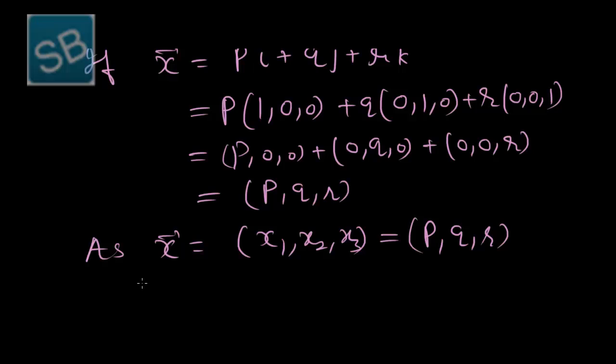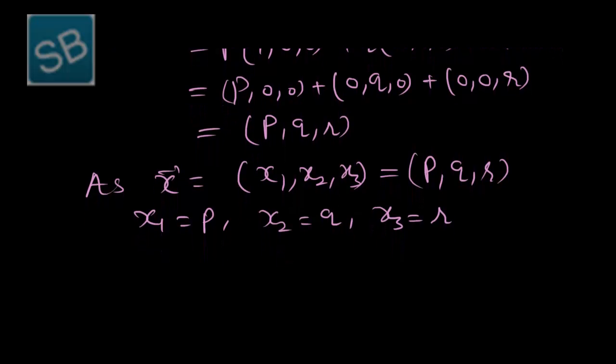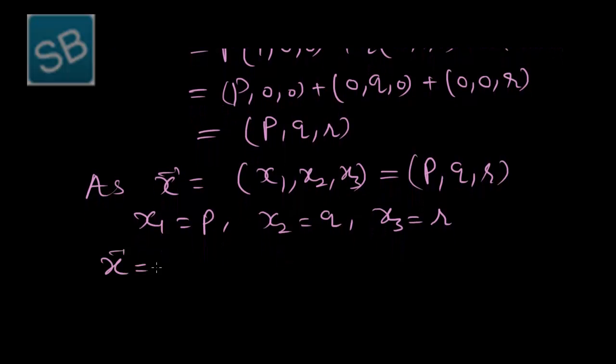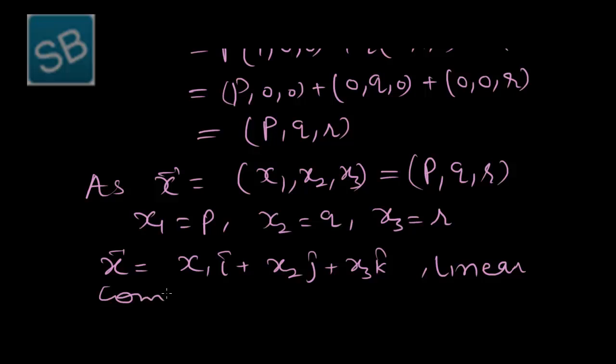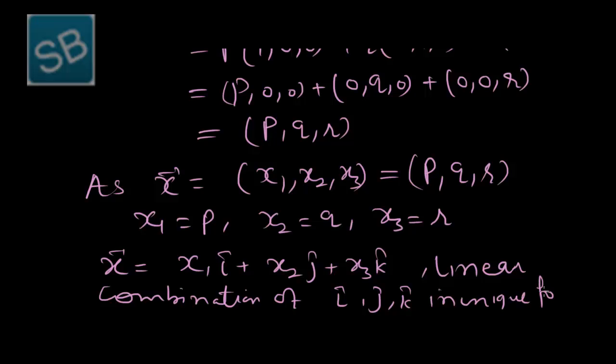So by equality law, x1 = p, x2 = q, and x3 = r. Therefore, vector x is always written as x1i plus x2j plus x3k, that is a linear combination of i, j, and k in unique form. So this was a theorem in R cube space.